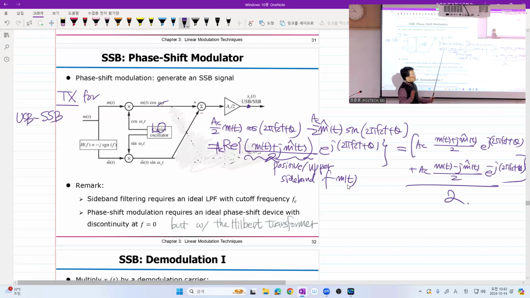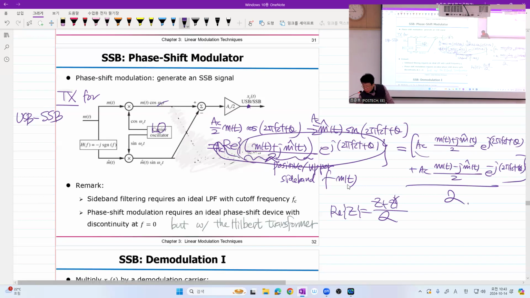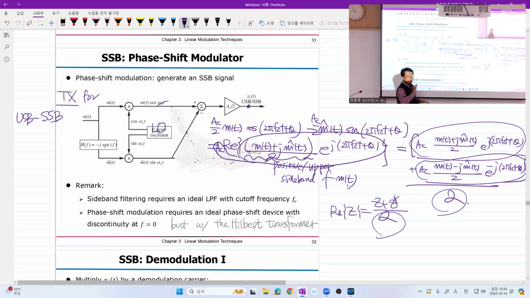I'm replacing this real part operator with what? 1/2 the argument plus its conjugate, right? So here, real of z equals z plus z conjugate divided by 2. I used it. Got it? So this one appears here, and its conjugate appears there, and you have divided by 2, right? You must be very dexterous with this trick if you want to study radio communication.